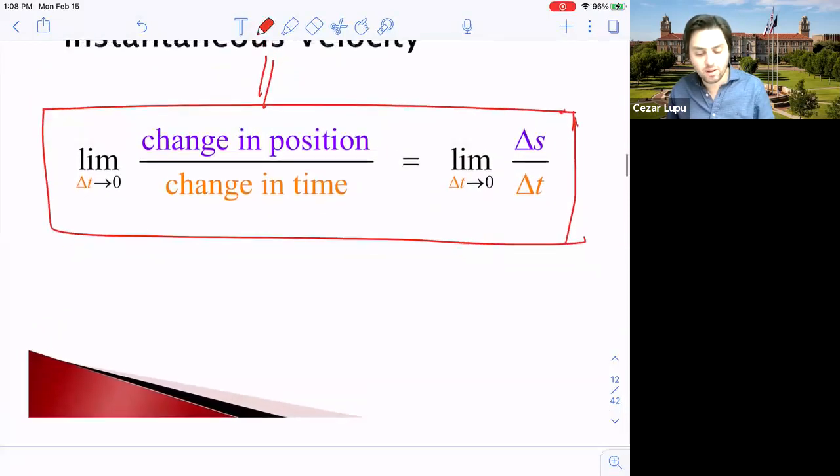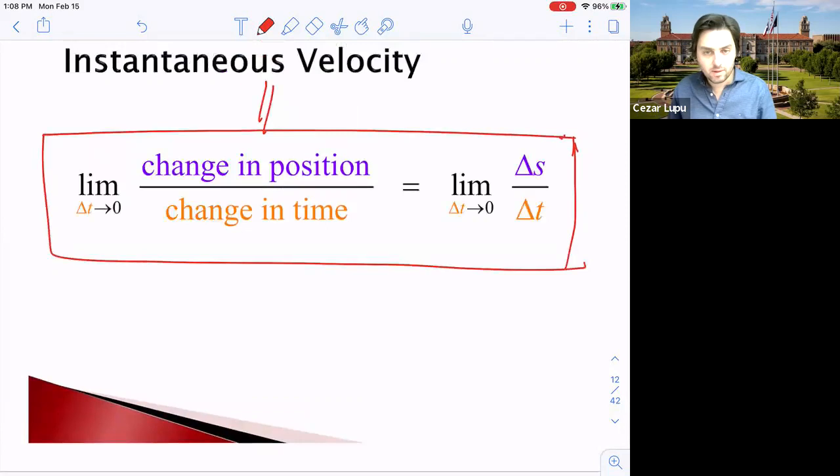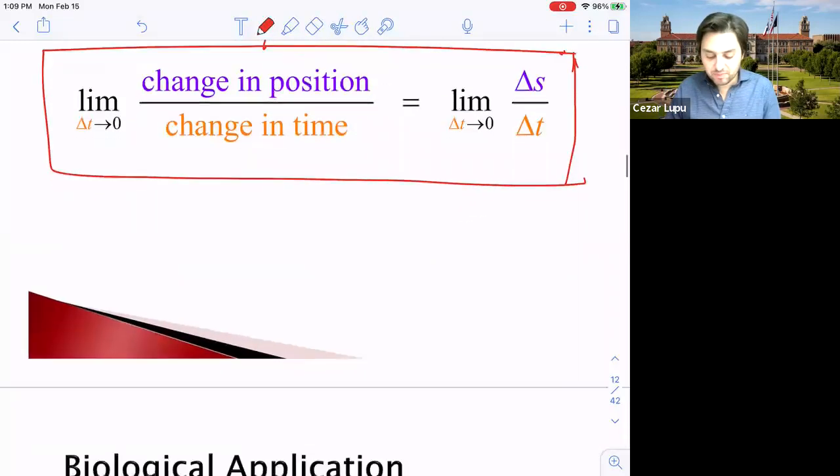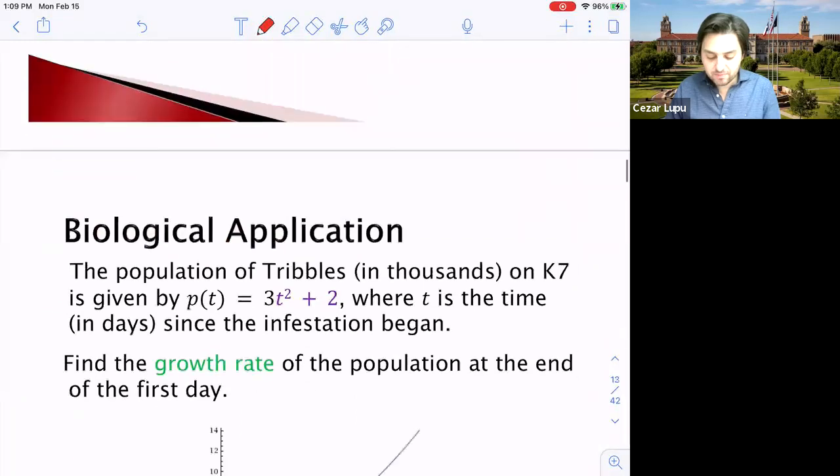So once again, this is the formula. You'll see that this will be nothing else than just the derivative of s with respect to t. But anyway, let's see another application.